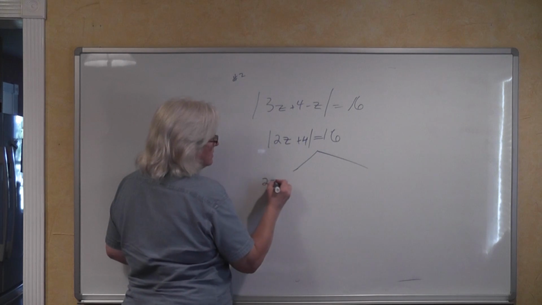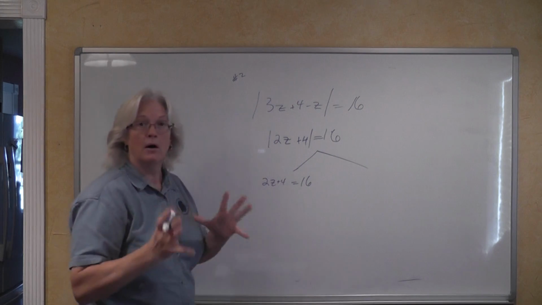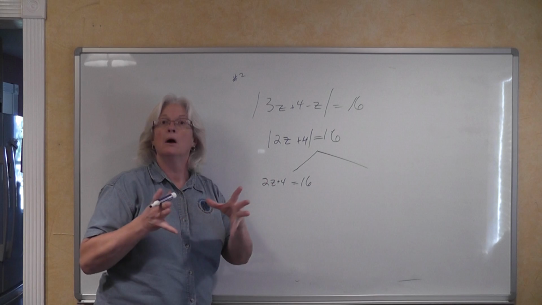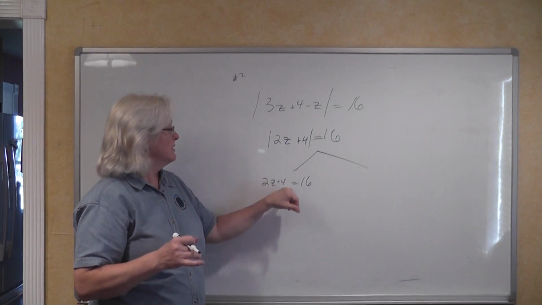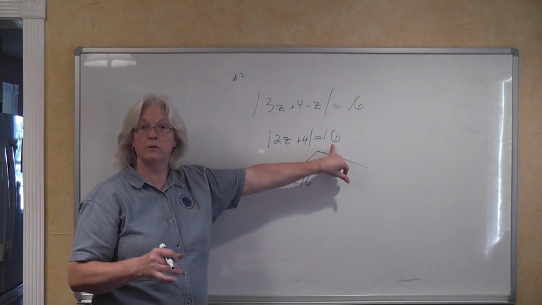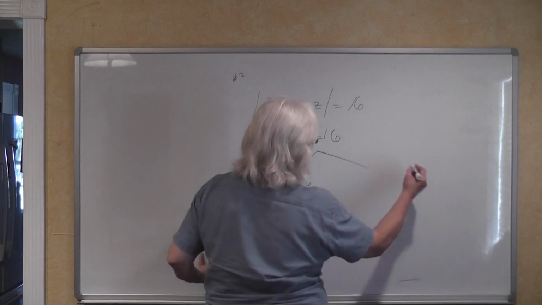Either 2z plus 4 is equal to 16. All I've done is I've taken the entire expression minus the absolute value bars and set it equal to the original quantity, which is 16.